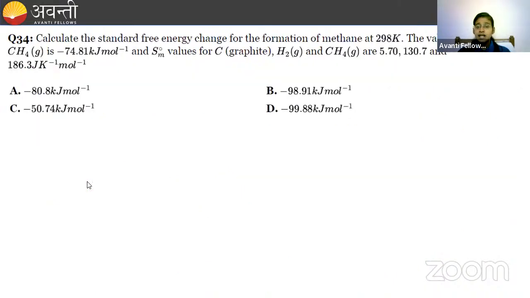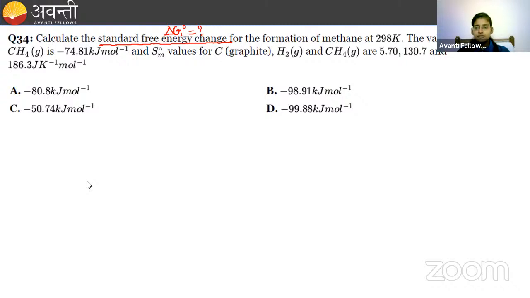Calculate the standard free energy change. Standard free energy change means standard Gibbs free energy change, which is called delta G naught. We have to calculate this for the formation of methane at 298 Kelvin.